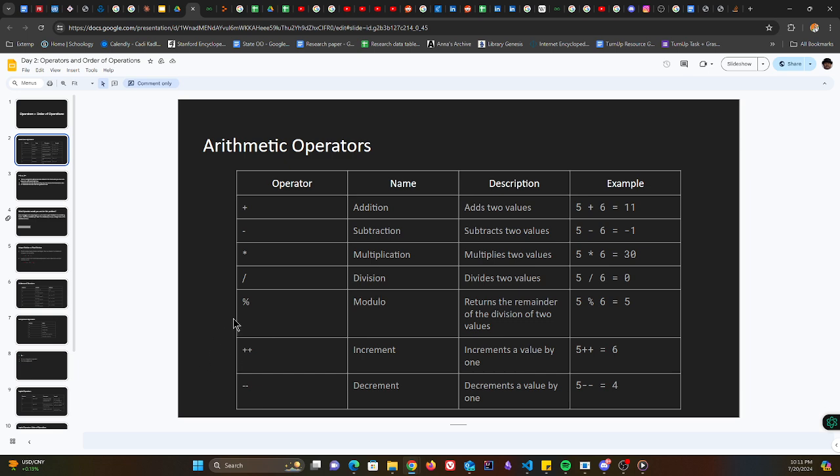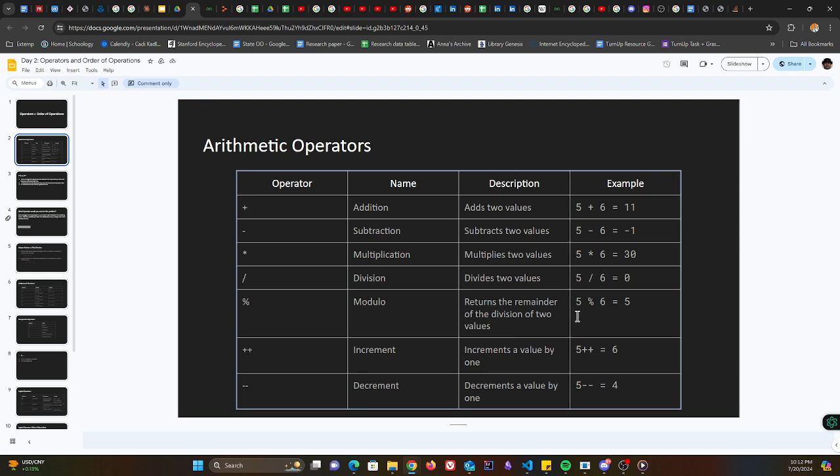Modulo is the percent symbol, and it's really just, if you divide two numbers, the remainder of that division. For example, here we have 5 mod 6, and if you divide 5 by 6, you get 0 with a remainder of 5, hence 5 mod 6 equals 5.